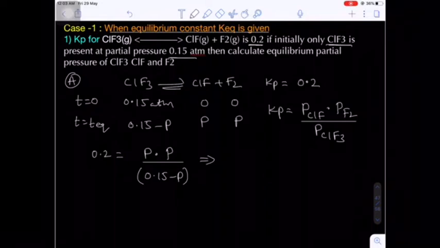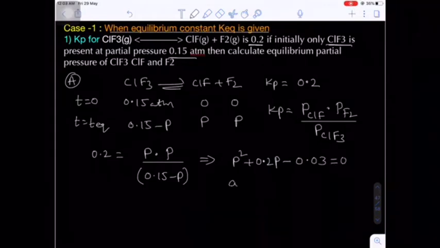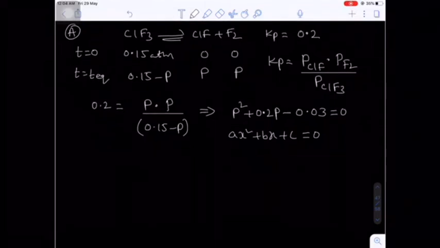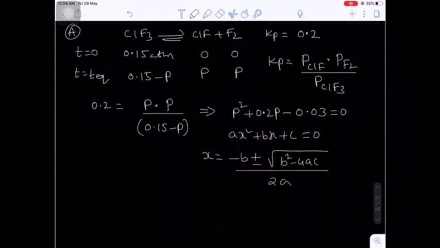After simplifying this expression, you will get P square plus 0.2P minus 0.03 is equal to 0. Do you know ax square plus bx plus c is equal to 0, a quadratic expression, has the roots x equal to minus b plus or minus under root of b square minus 4ac whole divided by 2a.